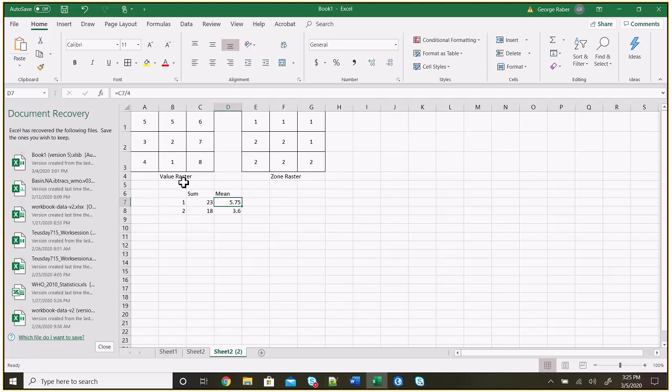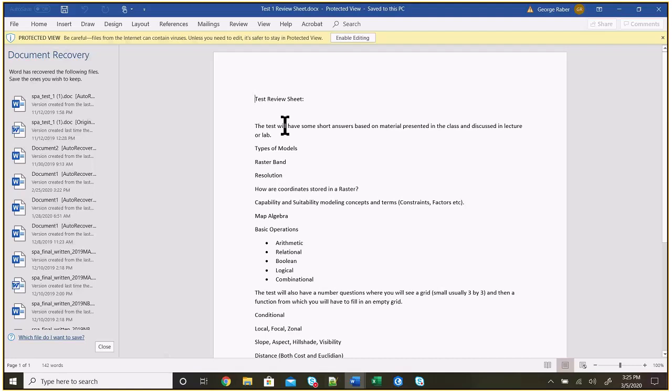Okay, so let's go back to the review sheet here real quick. This is from the first week of class, and specifically here we talked about different types of models.